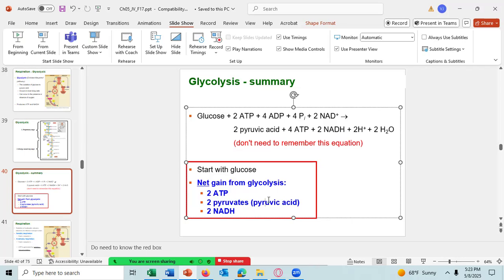And like I said, your cell uses these the same. A chemist may object, but we will use these terms to mean the same thing. So glucose can be made into pyruvate or it can be made into pyruvic acid. Any question about any of that? And your cell will use them the same.